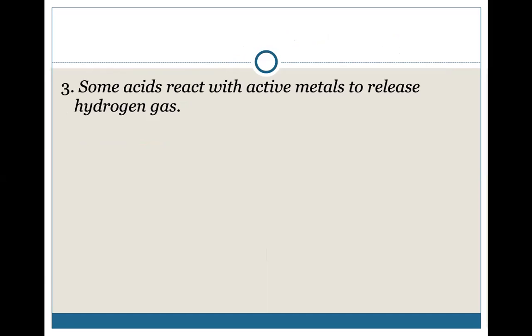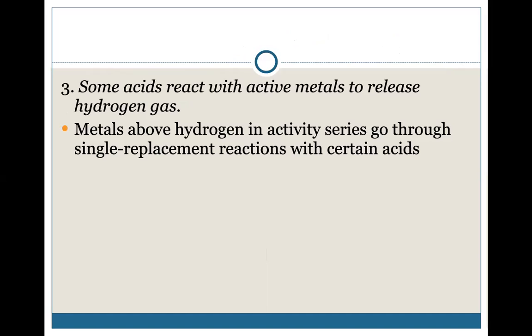Some acids react with active metals to release hydrogen gas. Now, we learned about this last year when we studied the types of reaction, especially single replacement reactions or single displacement reactions with certain acids, metals that are above hydrogen in the activity series.